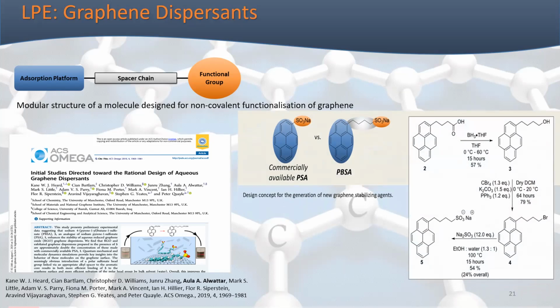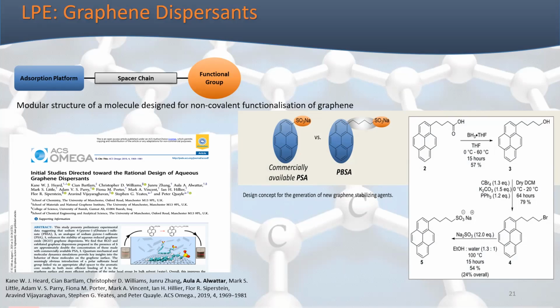PSA is effective at producing aqueous graphene dispersion of up to 0.7 milligrams per milliliter, but its structure is likely to be far from ideal for this function. Based on a study in the literature by the Green group, they observed that pyrene derivatives with sulfonyl groups yielded higher graphene concentrations than their carboxylic acid analogs, and also that 1-pyrene butyric acid outperformed 1-pyrene carboxylic acid.